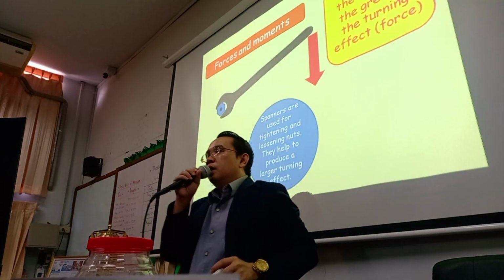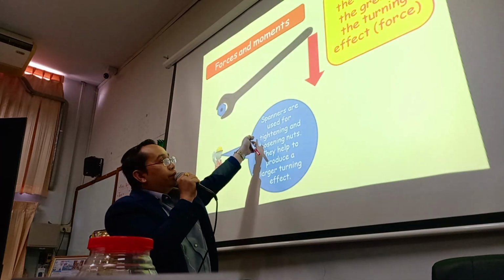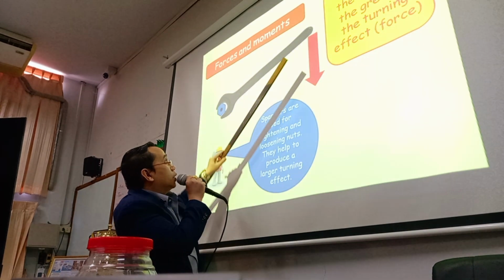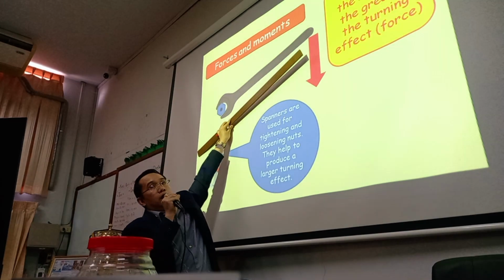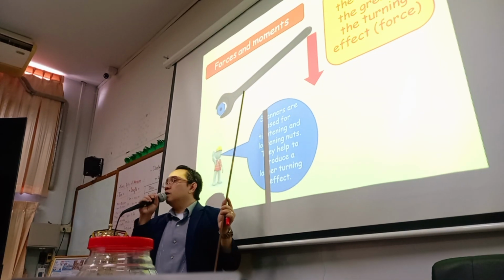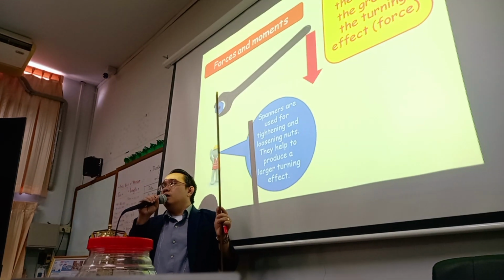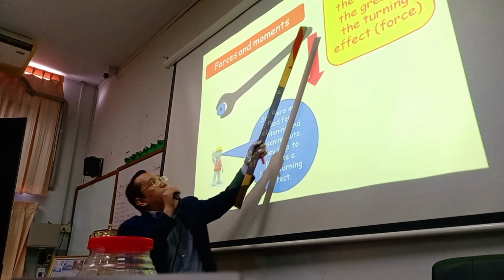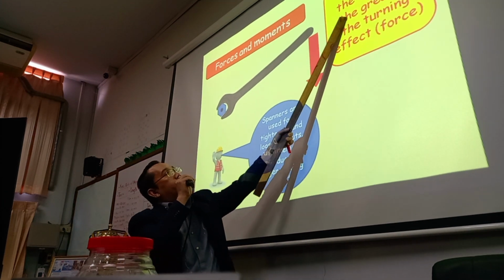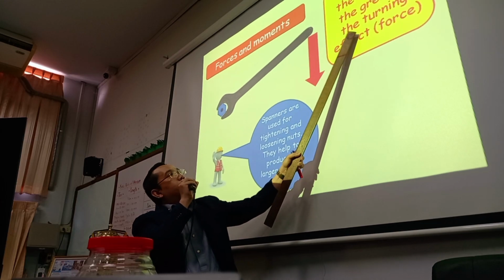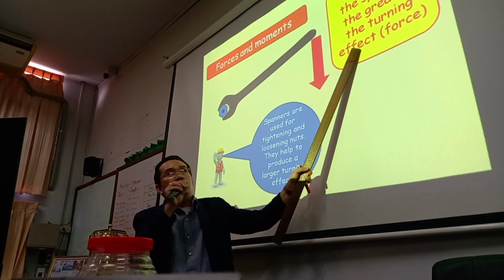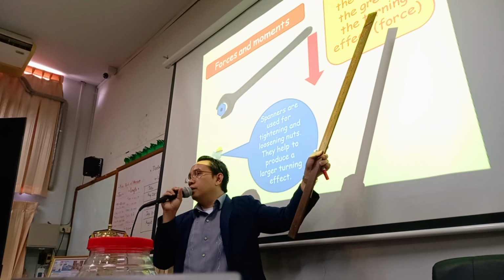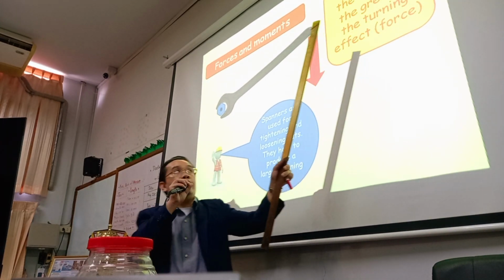The indicator there: the longer the spanner, we also have medium size, small size, or longer size spanner, the greater the turning effect. This turning effect is what we call force. Take note of this.